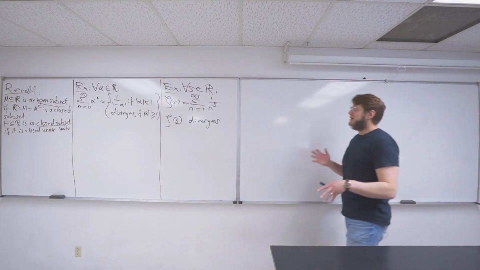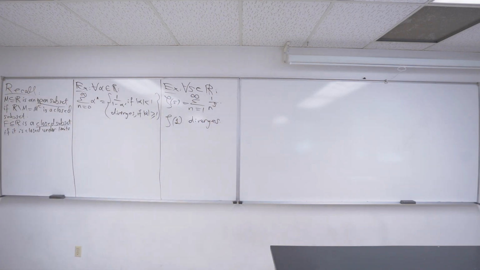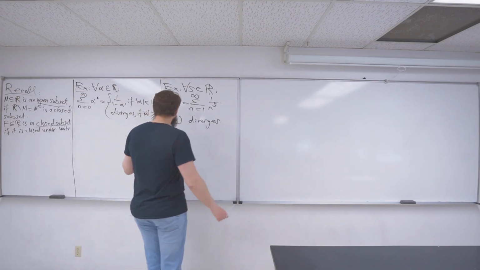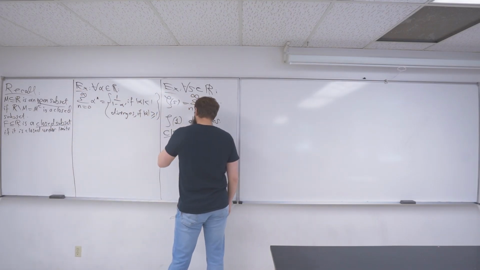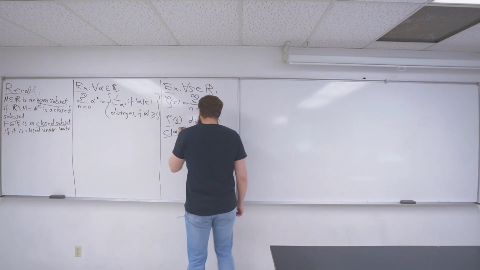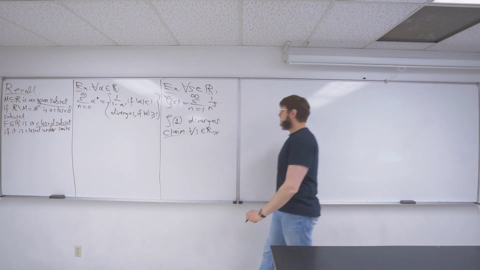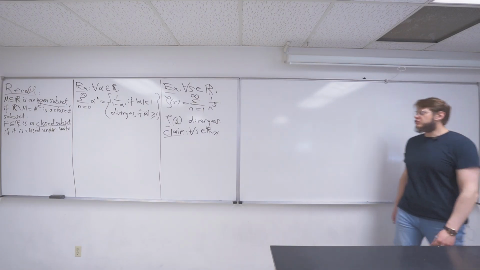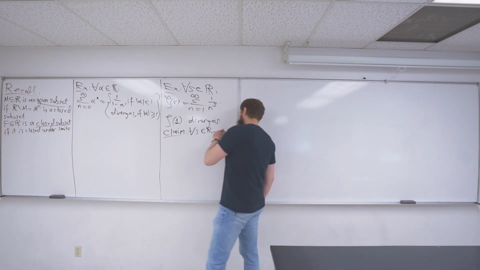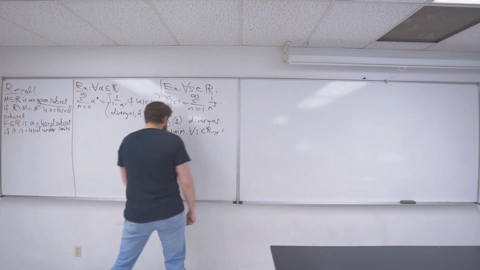That is to say, if I look at the partial sum sequence, that sequence converges to some real number. So I'll write it here. For any real number s greater than 1, zeta of s is a convergent series.